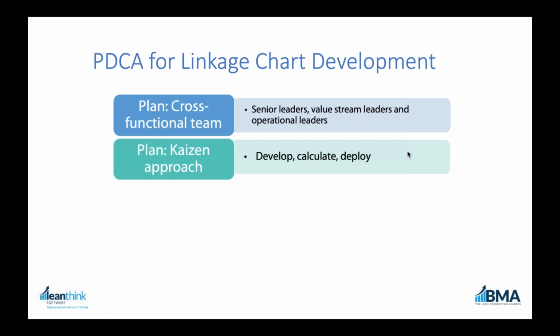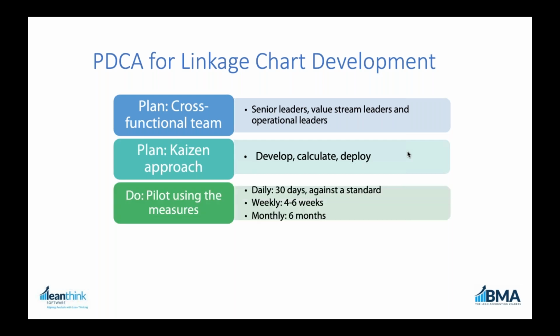As I mentioned, we use the Kaizen approach. We don't just develop the measure. It's not about having a nice chart that we display. It's about, in the Kaizen process, you actually go through and calculate the measure, and I'm going to show you how you calculate a measure and how you go about it in a standard way. And we create a plan to deploy the measures.